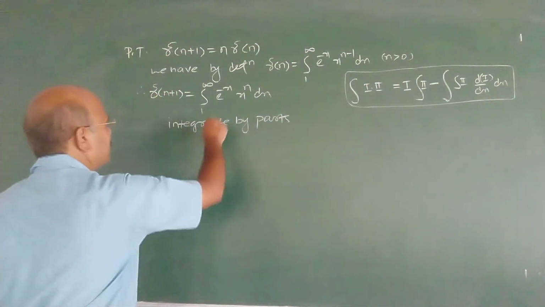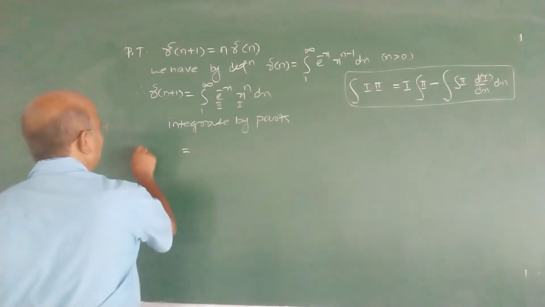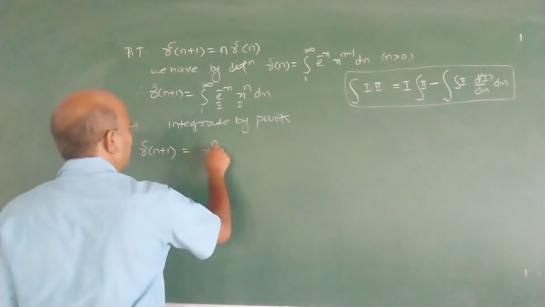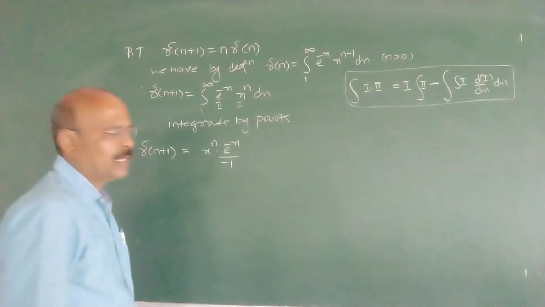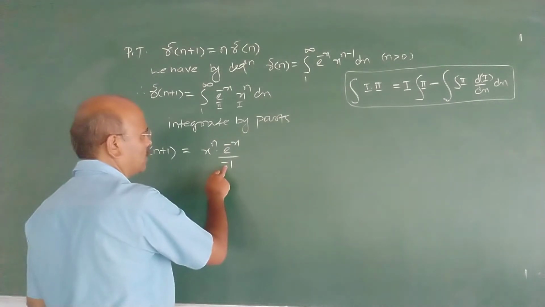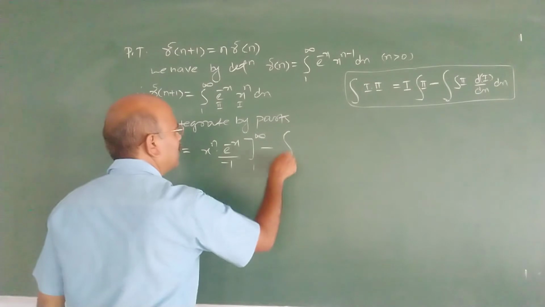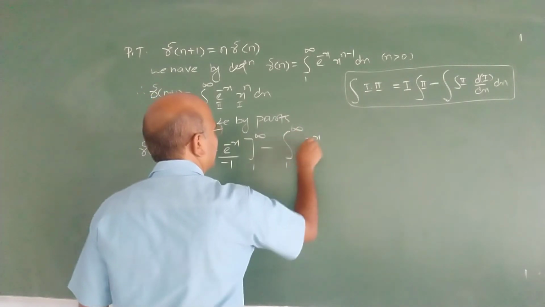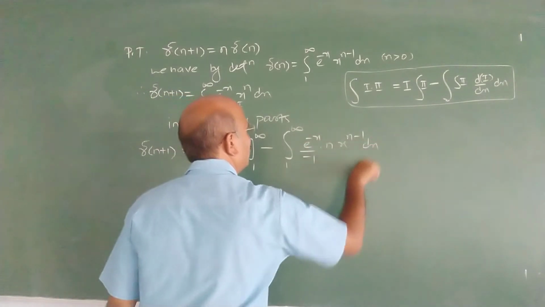Now I apply integration by parts, taking x raised to n as the first function and e raised to minus x as the second function. What do you get? Gamma n plus 1 is first function x raised to n, integration of e raised to minus x is e raised to minus x upon minus 1, limit from 0 to infinity, minus integral of e raised to minus x upon minus 1 times n x raised to n minus 1 with respect to x.